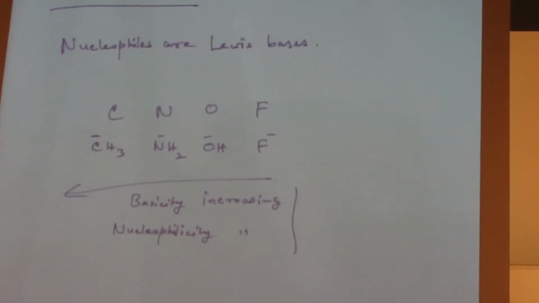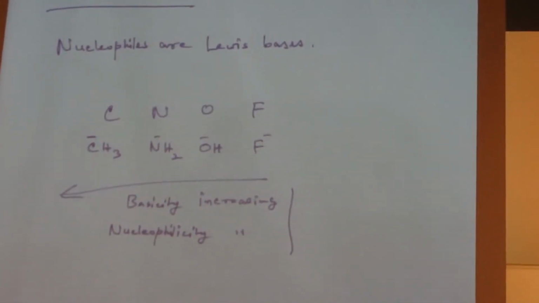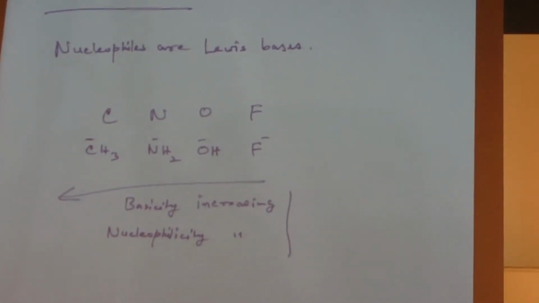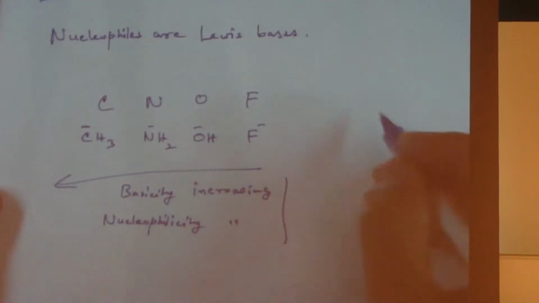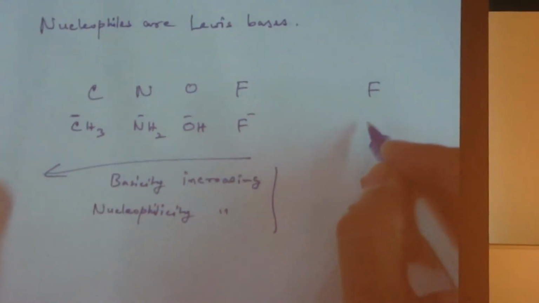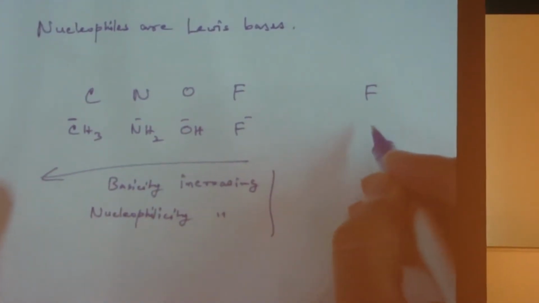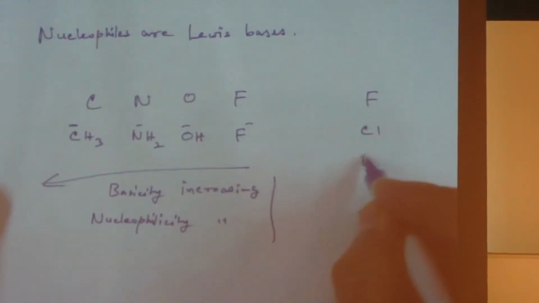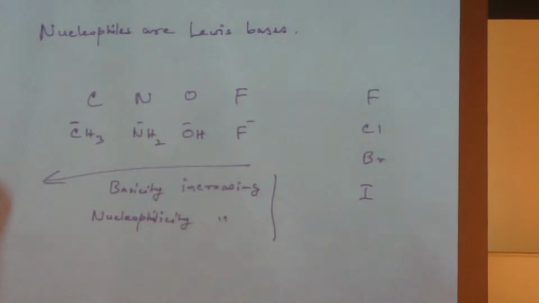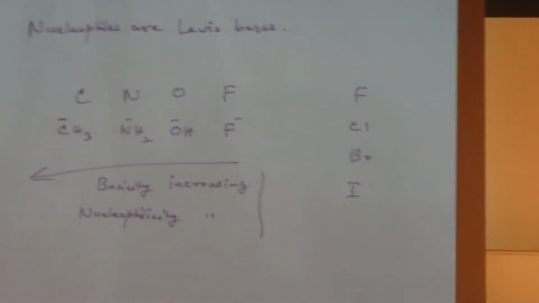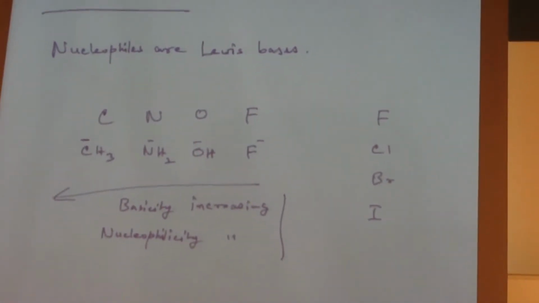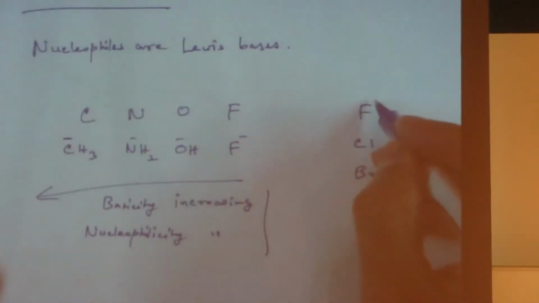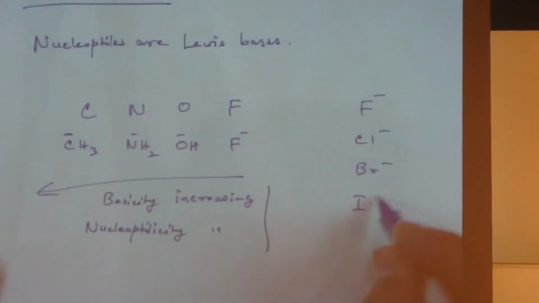Now, we can also look at each column and then determine how that yields. And we can look at the halogens. You have, let's say, fluorine, then chlorine, bromine, and iodine. And again, the relevant atoms that you can think of, the nucleophiles would be F minus, Cl minus, Br minus, I minus.